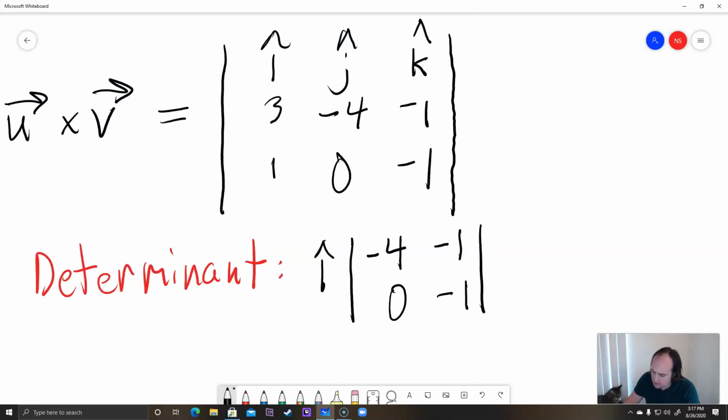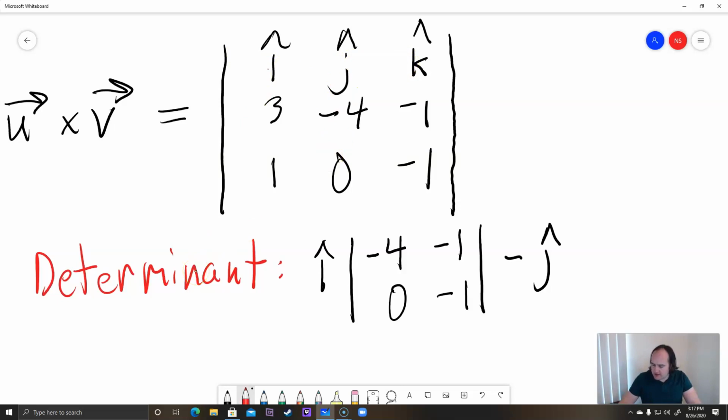Now we're going to move on to j hat, and it turns out that i hat is going to be positive, but then you need to switch signs when you go to j hat. So now that we're going to j hat, we're actually going to have minus j hat. But then we're going to do the same thing we did with i hat, in that we're going to cross out that row and that column.